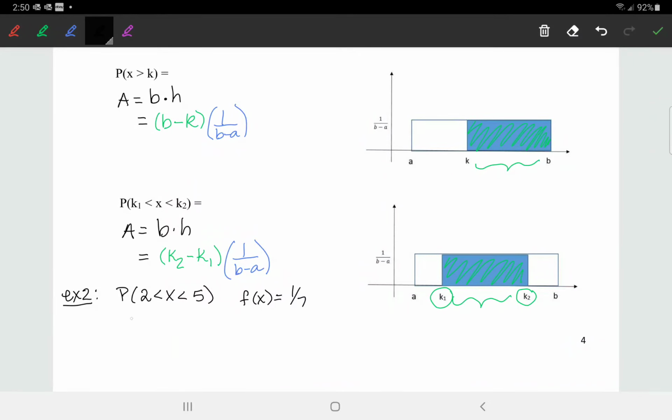So this probability is equal to the base, which will be 5 minus 2, times the height given by the PDF, which is 1/7. And then we just do the simplification. 5 minus 2 is 3, times 1/7. So the probability in example 2 that x goes in between 2 and 5 is 3/7.